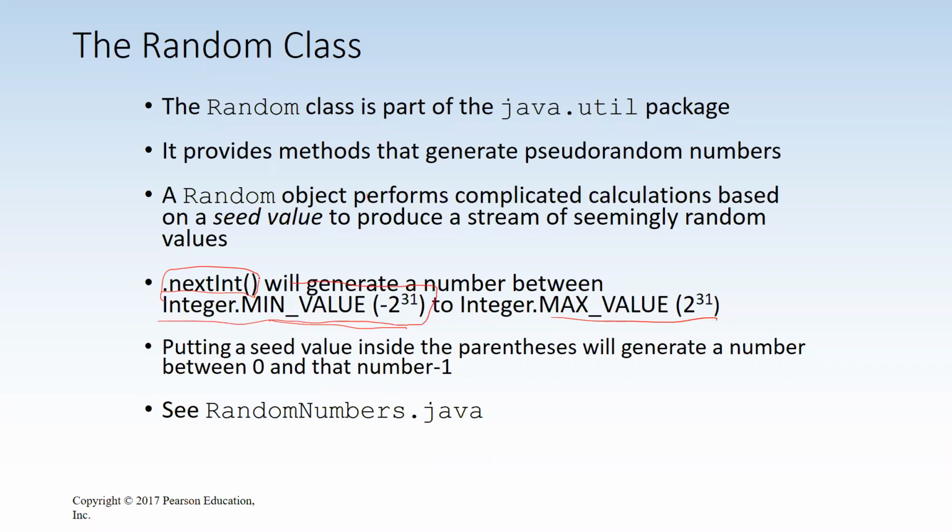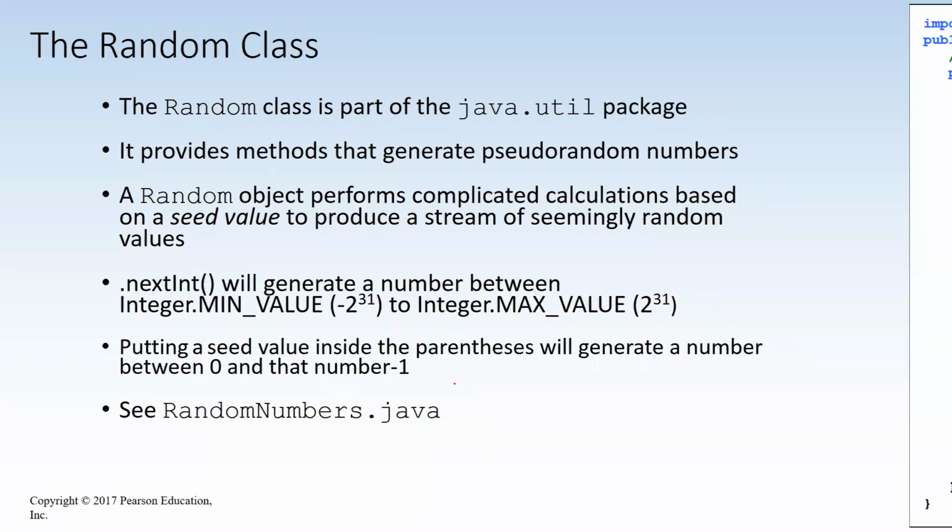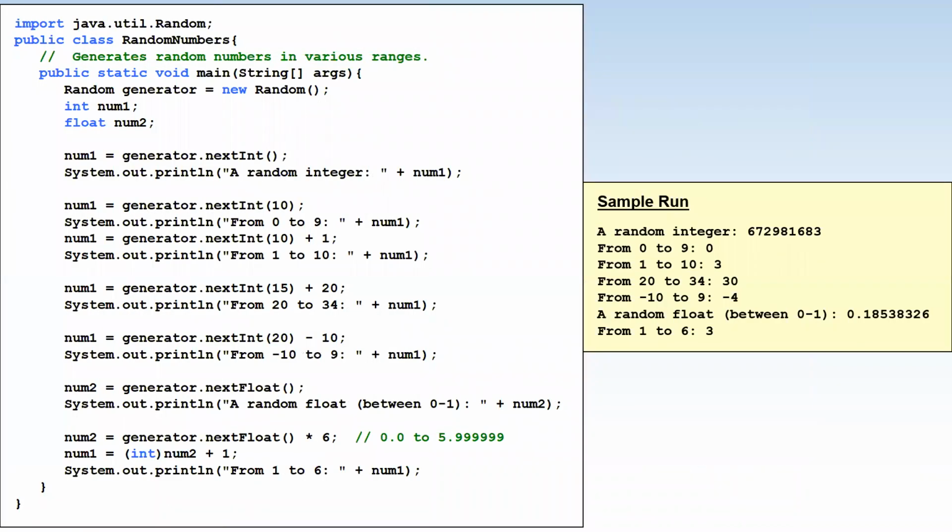Integer.MIN_VALUE, that's negative 2 to the 31st, and MAX_VALUE, 2 to the 31st. Putting a seed value inside the parentheses will generate a number between 0 and that number minus 1. So let's look at examples. Random belongs to the util package, so you have to import it, right? Okay. Let's look at it.